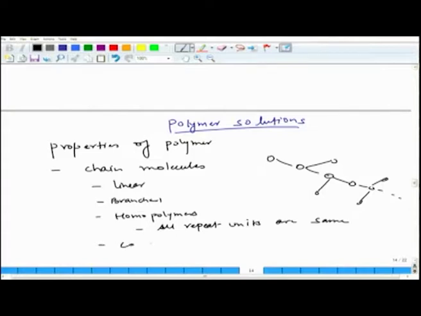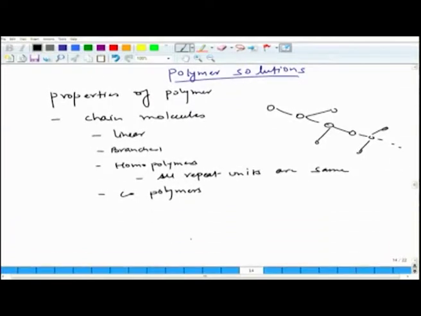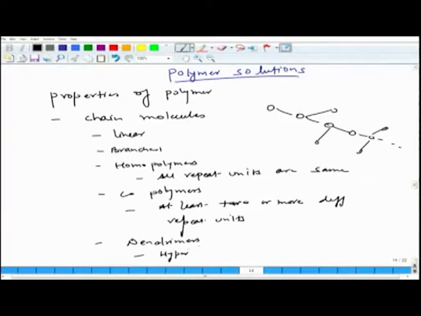Then you have copolymer, where you have at least two or more different repeat units. Then you have these dendrimers, which are hyperbranched tree like structures.